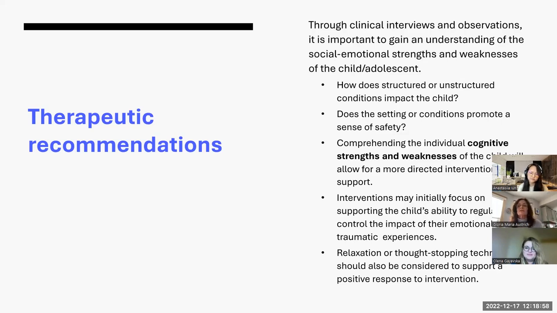Interventions may initially focus on supporting the child's ability to regulate or control the impact of their emotional or traumatic experiences. And we were just chatting about this, and you're right, it's the experiences of the therapist, of the child, and of the parents. It's everyone involved. To help regulate the emotional response, relaxation or thought-stopping techniques should also be considered, to support a more positive response to the intervention.